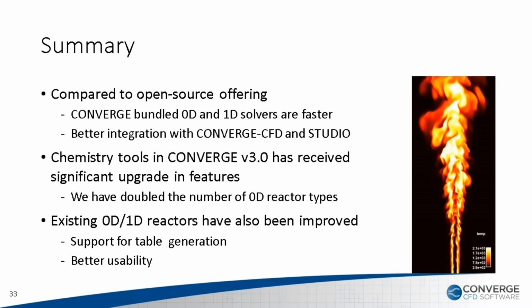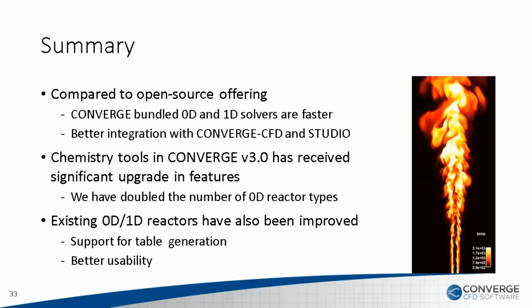So in summary, compared to open source offerings, we have 0D and 1D chemistry solvers that are faster and better integrated with our CFD tools as well as Studio. We use the same format, so you can just take the file and run one after the other. In 3.0, the chemistry tools have received a significant upgrade in features. We literally have double the number of 0D reactor types.